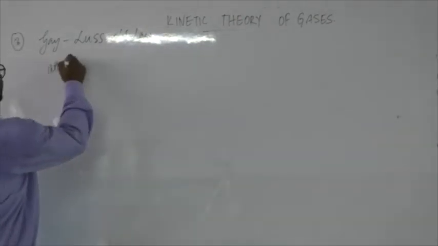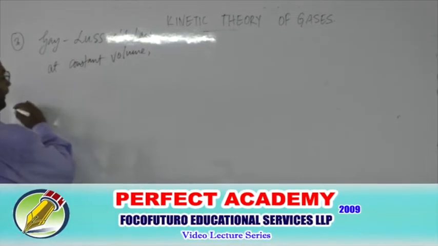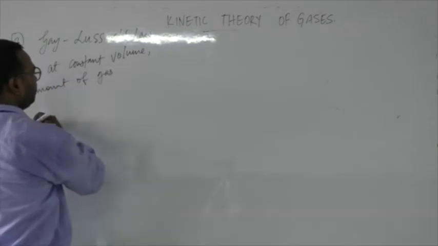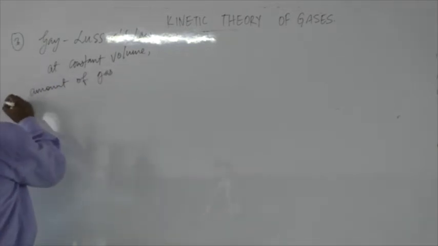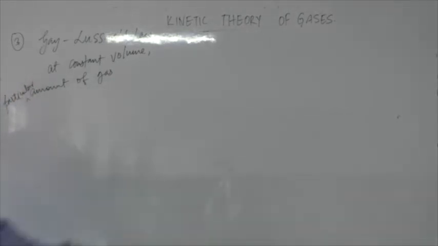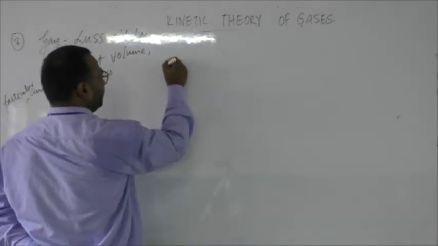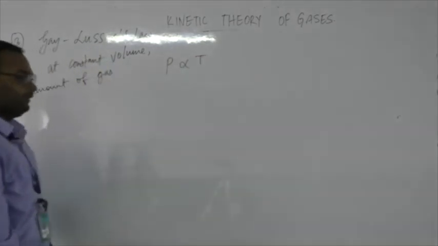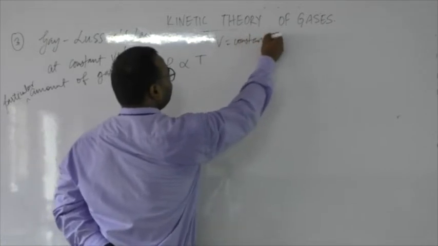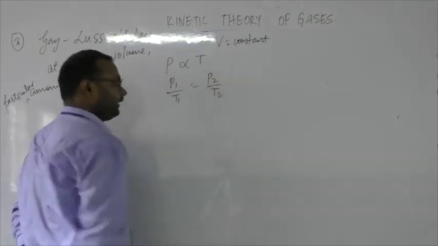Now, for this, at constant volume and the same or particular amount of gas, pressure is proportional to temperature. That means V is constant, so we can write P1 upon T1 equals P2 upon T2.